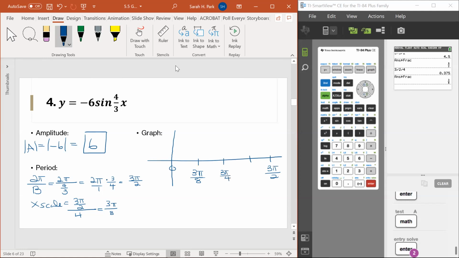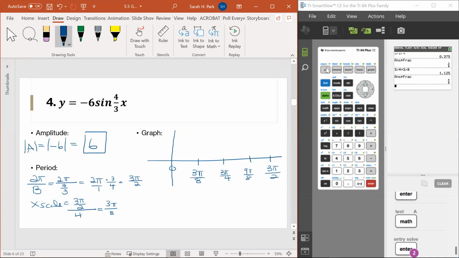Another 3 pi over 8: so 3 over 4, add another x scale of 3 over 8, get 9 over 8, or 9 pi over 8. And then if we add another 3 pi over 8, we end up with 3 pi over 2 again.